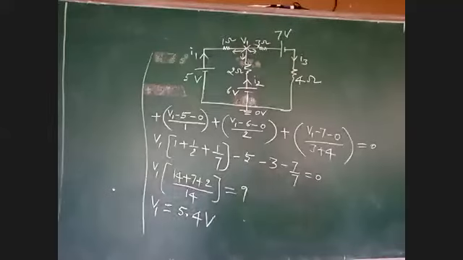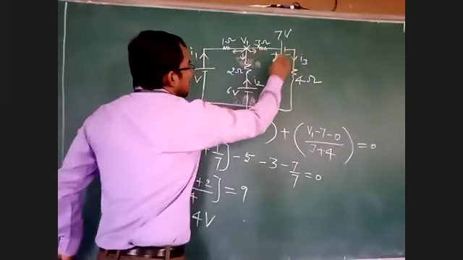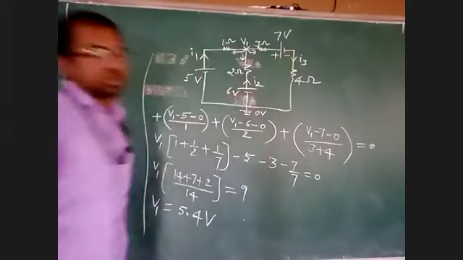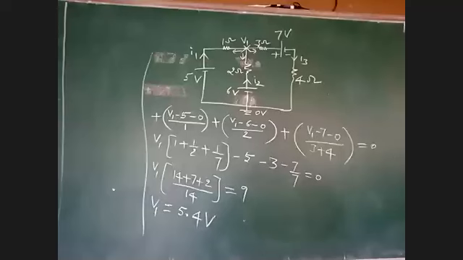Sir, I have a doubt. In the first equation, in the last term, it should be V1 plus 7, no, sir? Not plus, because your arrow is moving from positive terminal to negative terminal. If current flows from plus to minus, we take minus.